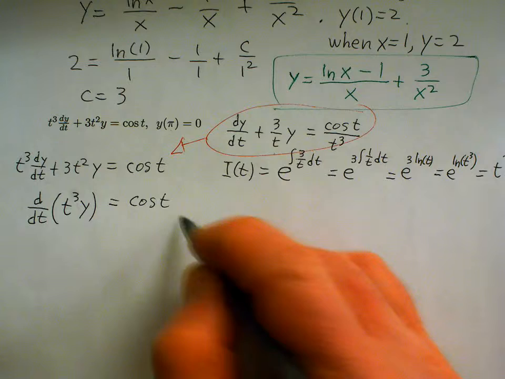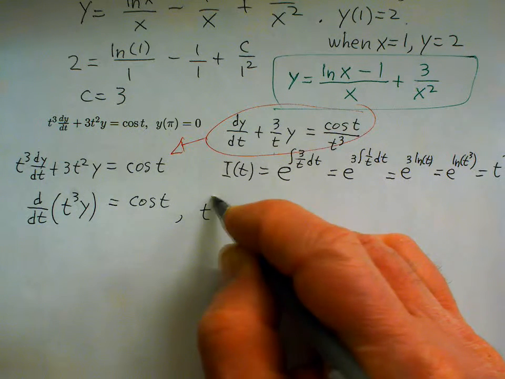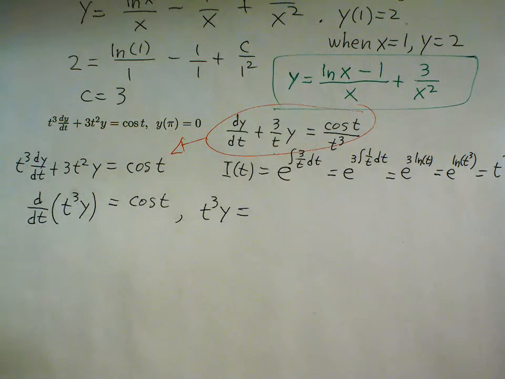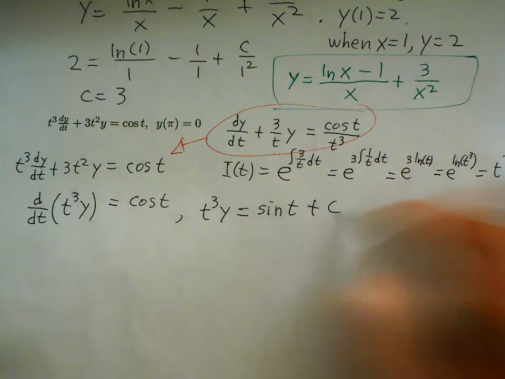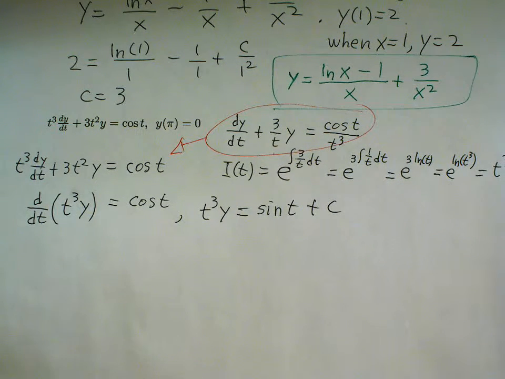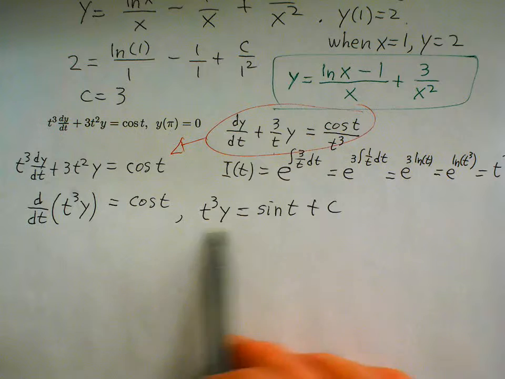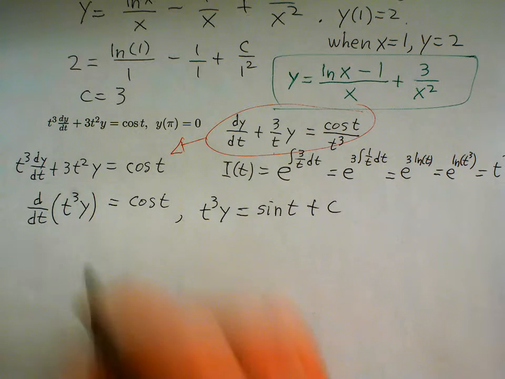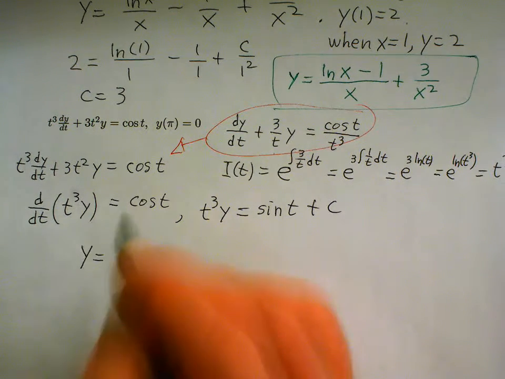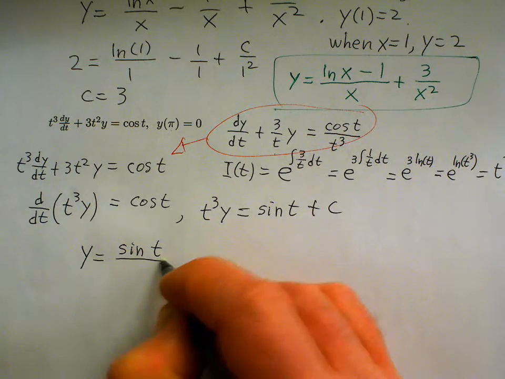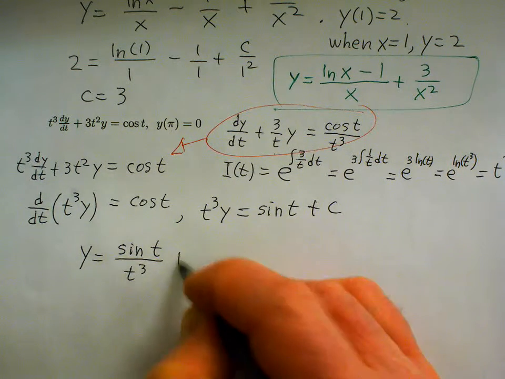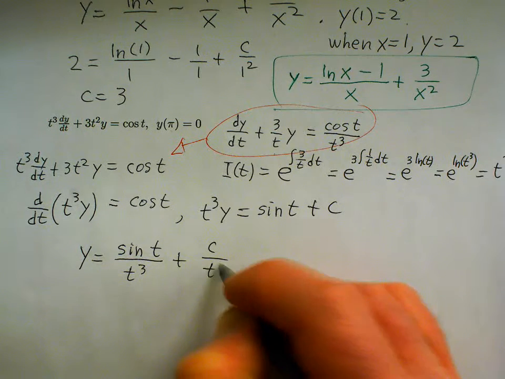So the left-hand side is t to the third times y, and the right-hand side is sine of t plus a constant. Then divide every term on both sides by t to the third, and we get y equals sine of t over t to the third plus c divided by t to the third.